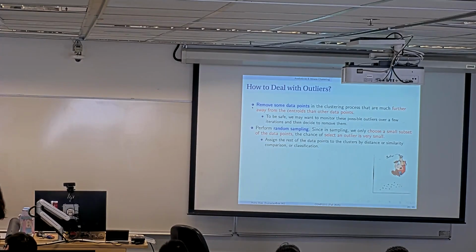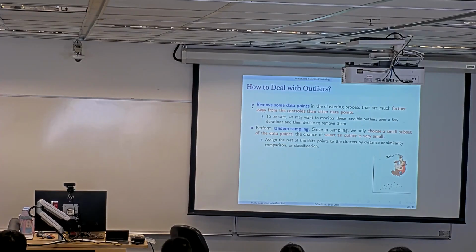The second way is to perform random sampling. In sampling, we only choose a small subset of the data points, so the chance of selecting an outlier is very small. From a big training data set, you do random sampling, sample a small data set as the training set, and train on that small set. Then what about the testing?